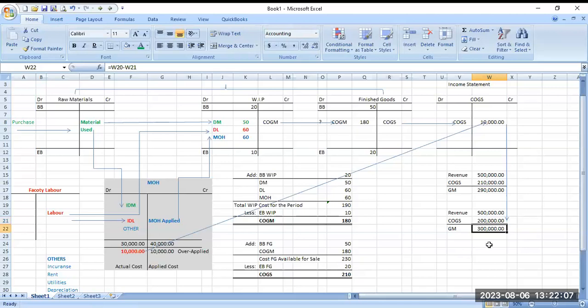So where am I now? My gross margin is going up. Can you see? So it is added then. Credited means deducting. Reducing the cost of goods sold increases the gross margin. Make sense?